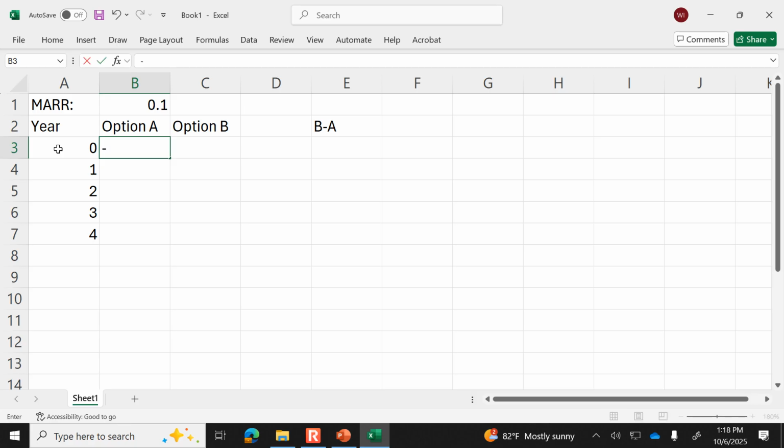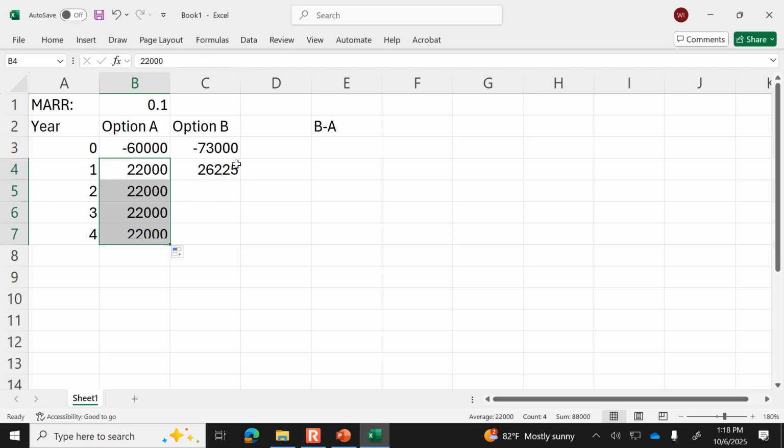Option A costs $60,000. Option B costs $73,000. And then the revenue for option A is $22,000 per year. The revenue for option B is $26,225, and that's the same amount for the remainder of the study period.